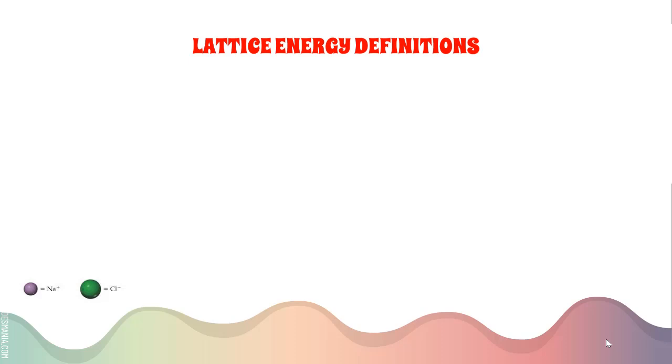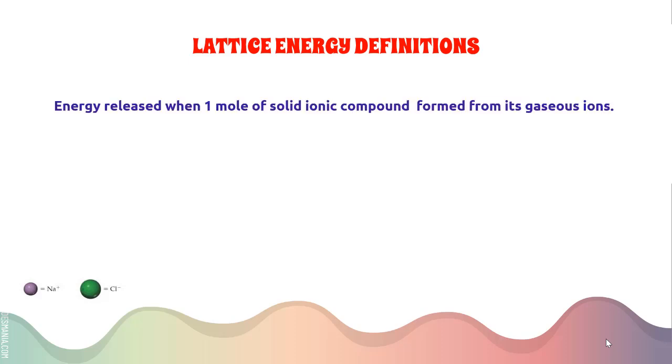Lattice energy could be described in either of two ways. Let's look at the first one. Lattice energy is defined as the energy released when 1 mole of solid ionic compound is formed from its gaseous ions.